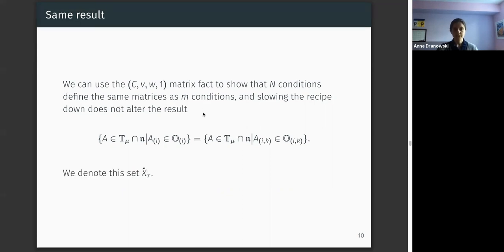We're going to denote this set by x tau circle. The circle is there to say that it's kind of an open set of conditions. We've thrown some stuff away to make sure that those Jordan types at the various stages of this process hold on the dot. So like in our earlier example, we didn't allow for some of those entries to be 0, but otherwise they were unconstrained.